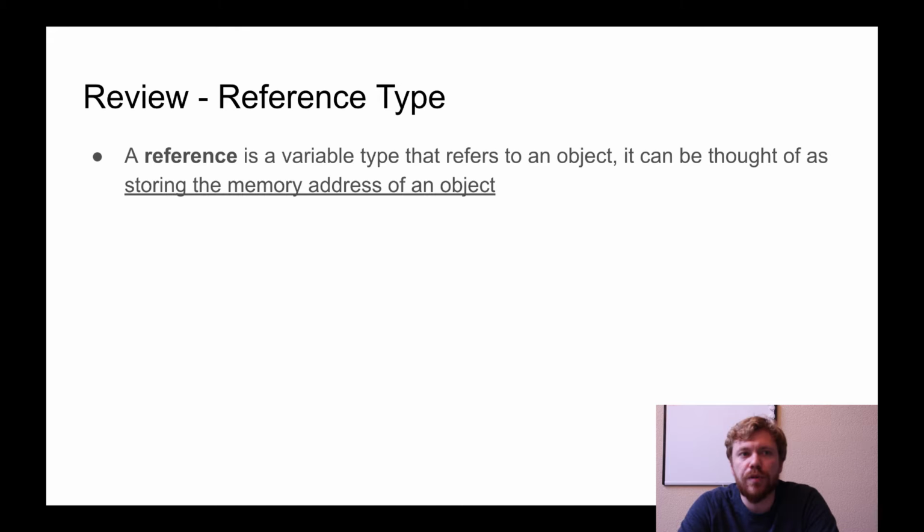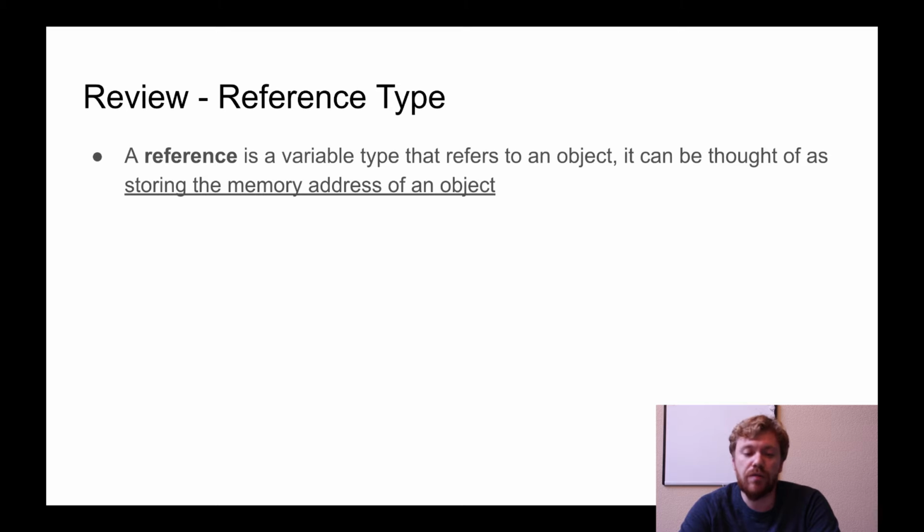So before we get started with linked lists, it's important to recall what a reference type is. Linked lists heavily use the concept of a reference type. If you don't understand this concept, then you're going to have a hard time understanding how a linked list works. So, to refresh your memory, a reference is a variable type that refers to an object.